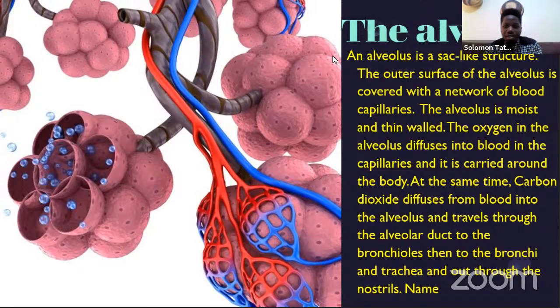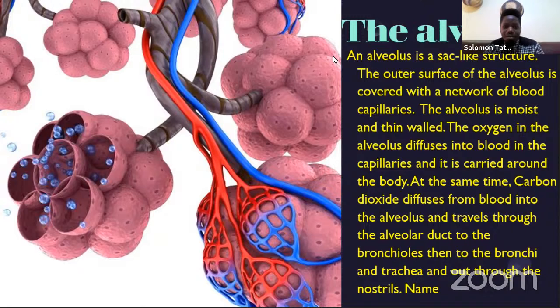So mostly the moisture allows the oxygen to be dissolved first into that moisture, then it can diffuse through. And the thinness decreases the distance that oxygen or carbon dioxide has to travel through the alveolus.